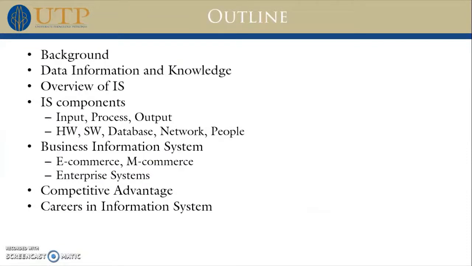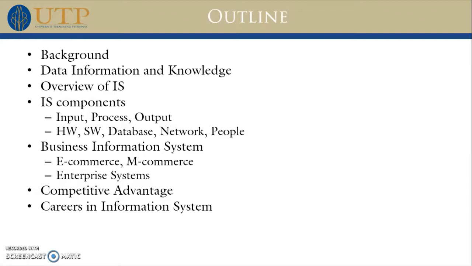This is the lecture outline. Firstly, I will give an overview or a background of information system. Secondly, I give a refresher course on data, information, and knowledge. In overview of IS, I will use train ticketing online system as an example to describe information system.